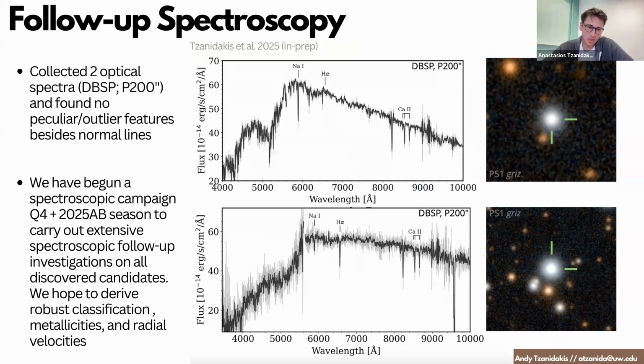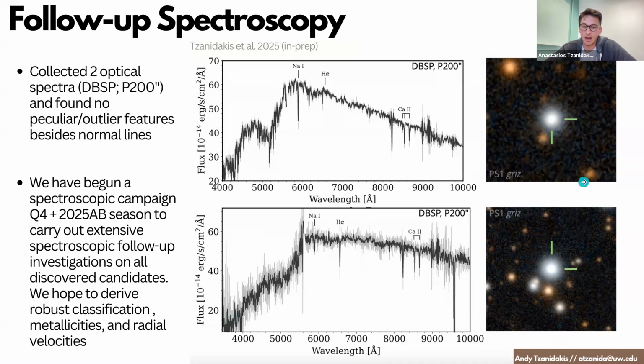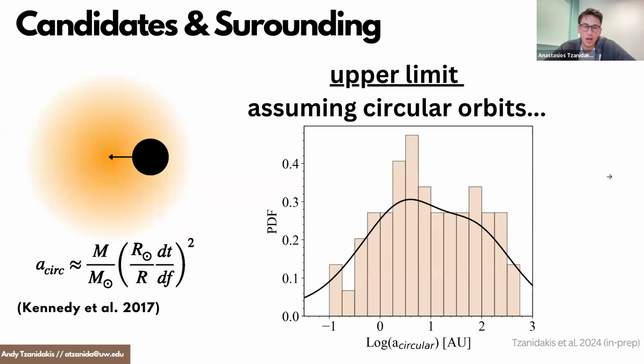Ideally, we want to look at metallicities and radial velocities and tie that all together with our sample. So this upcoming quarter and the next year, we're going to be trying to run a relatively large spectroscopic campaign to get spectra of all of these systems and do further characterization.